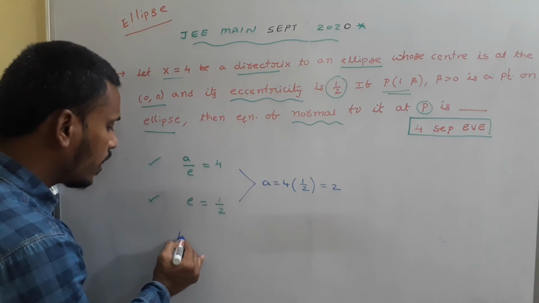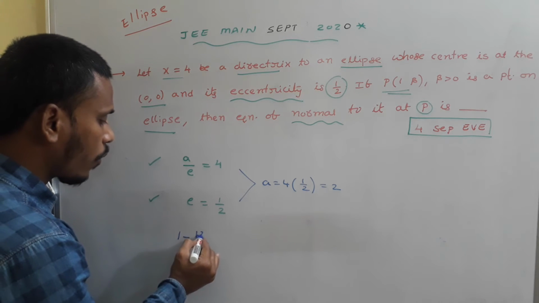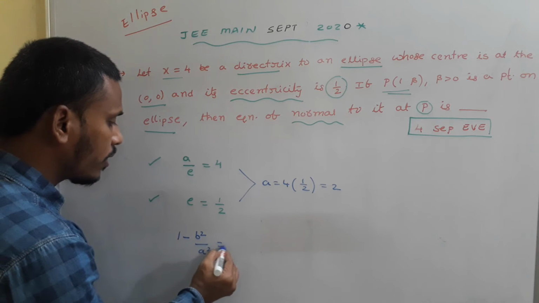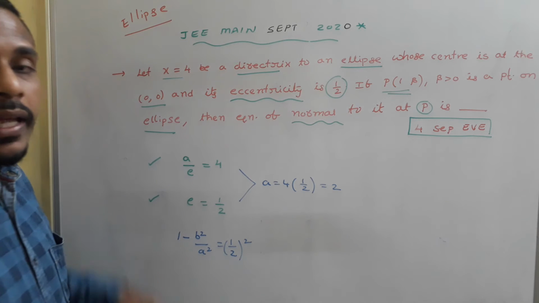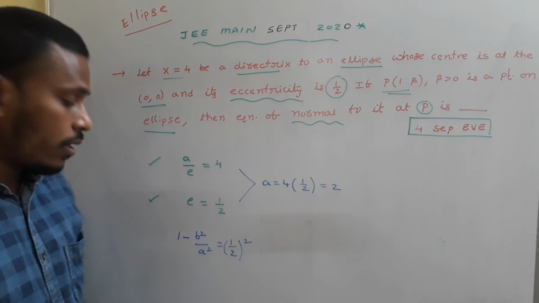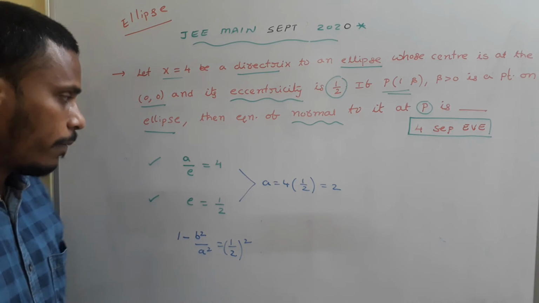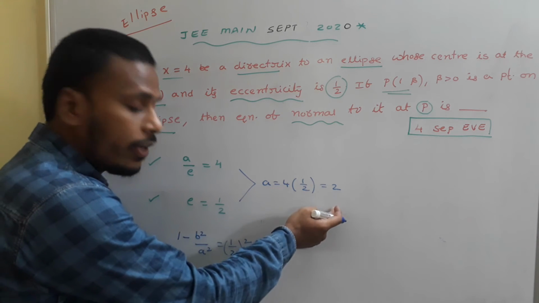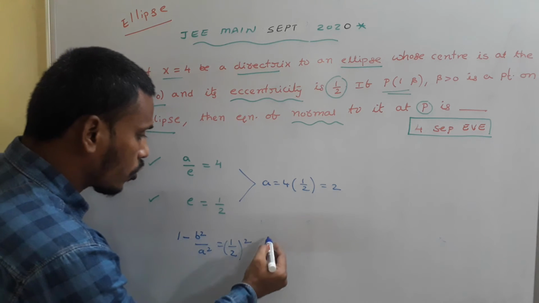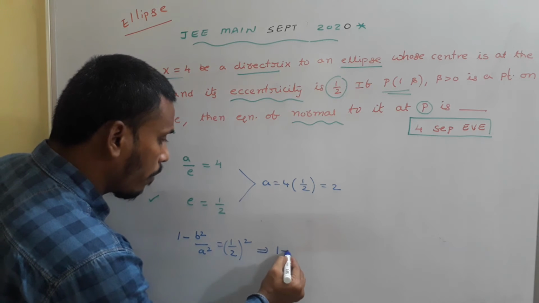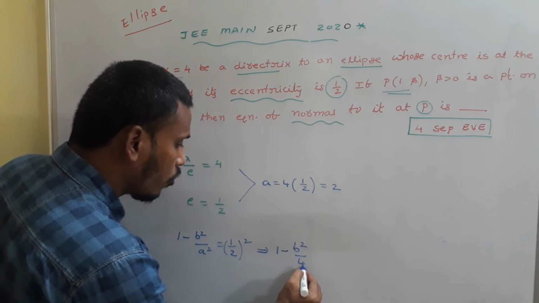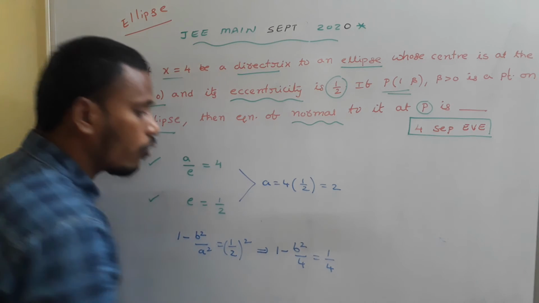What is e? e squared is 1 minus b square by a square, which is equal to (1/2) square. Is it right? 1 minus b square by a square is e square, so 1/4. Already we have a, replace it here. So this implies 1 minus b square by 4 is equal to 1/4.